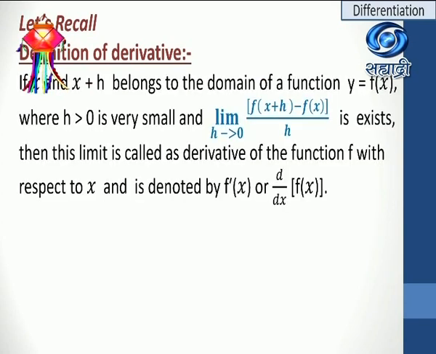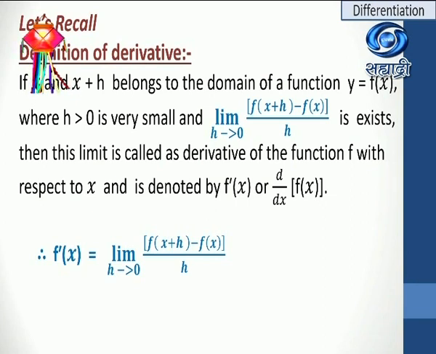Let's recall the definition of derivative. If x and x plus h belong to the domain of a function y equals f of x, where h is greater than 0 and very small, and the limit of f of x plus h minus f of x upon h as h tends to 0 exists, then this limit is called the derivative of the function f with respect to x, and it is denoted by f dash of x or d by dx of f of x.